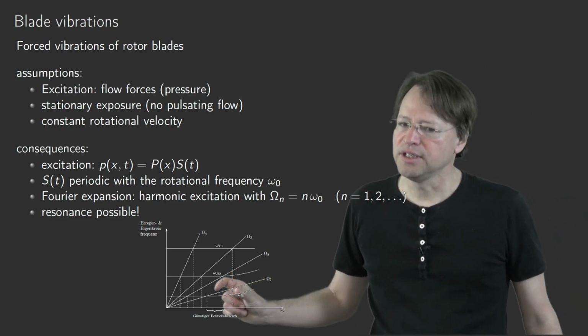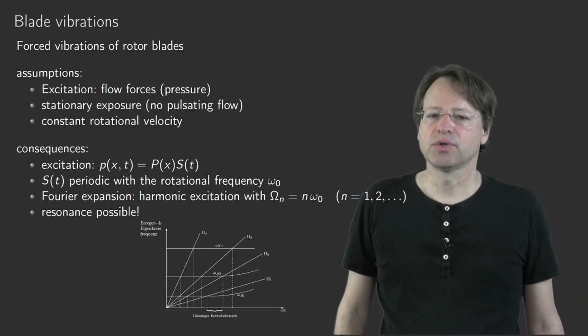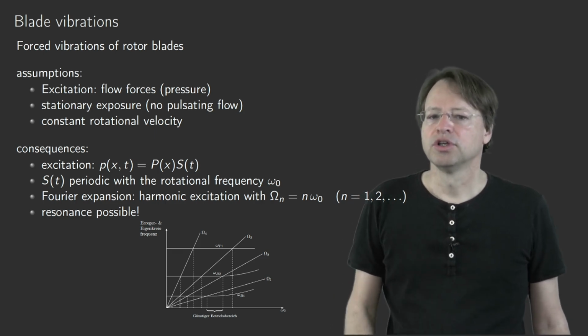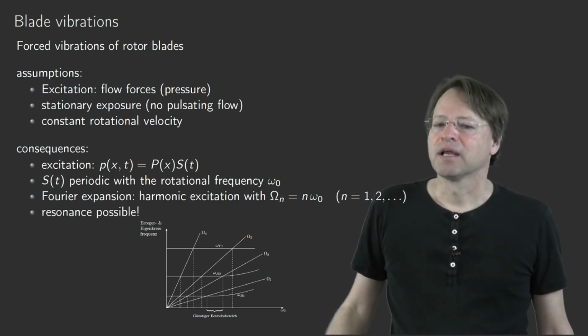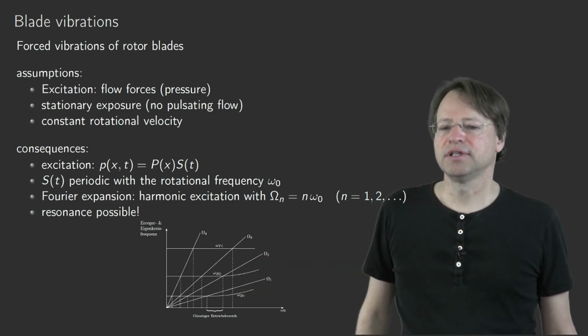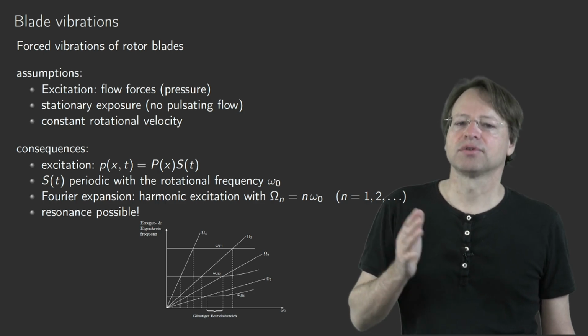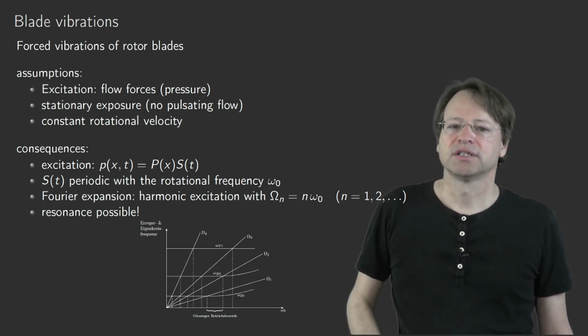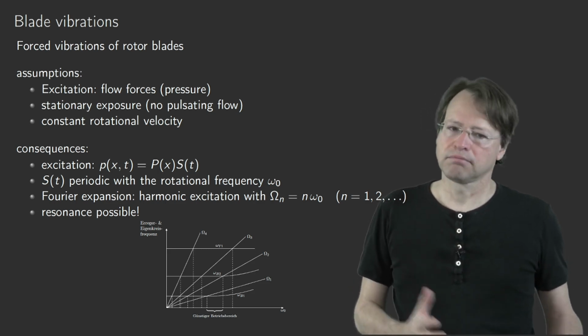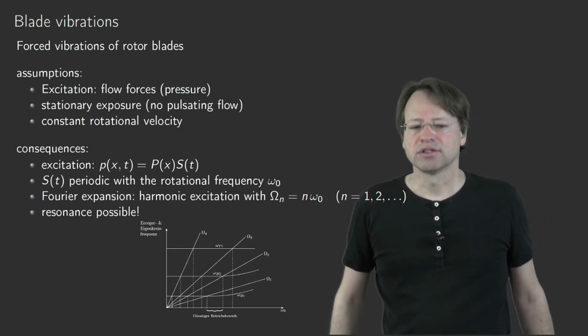So there are these ranges in which you can operate your rotor, otherwise it wouldn't work at all. But also in these regions there is resonance, so there are some amplitudes and some modes that are magnified and other modes that are rather suppressed.